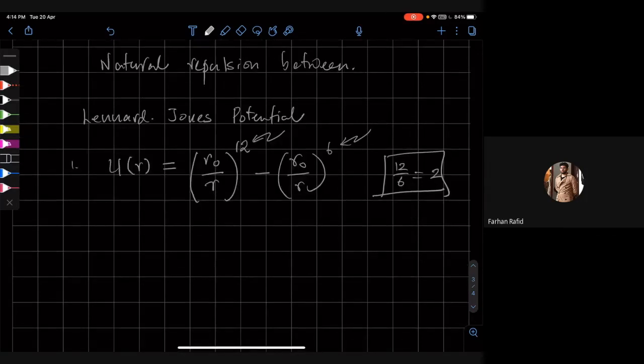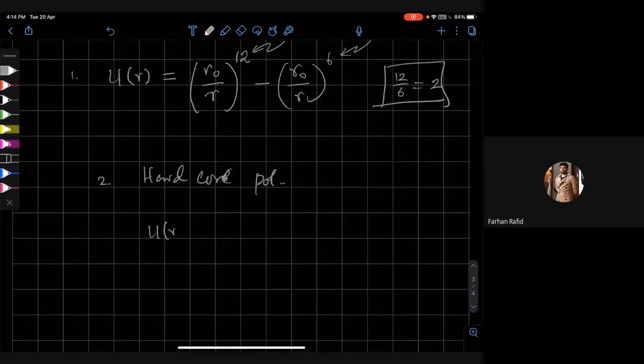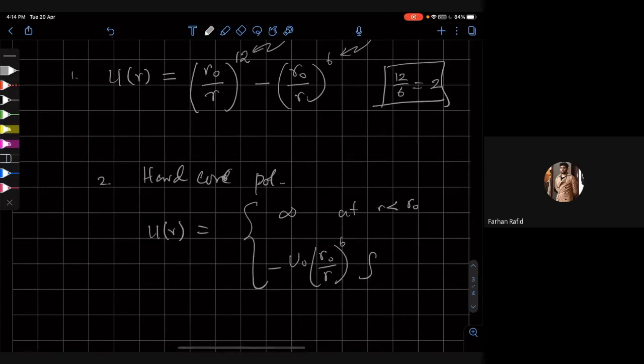We are going to use a different kind of potential, which I think is known as the hardcore potential. And the hardcore potential is something like U of R becomes infinity at R less than R0, and it's minus U naught times R naught by R to the power 6 for R greater than or equal to R0.